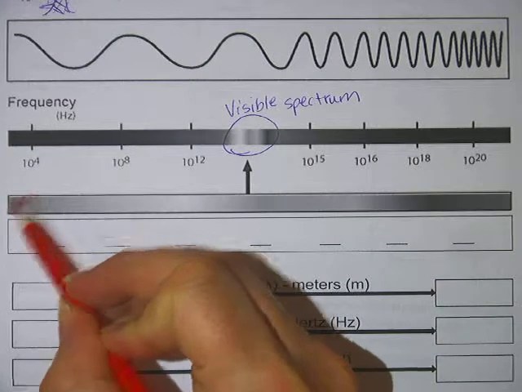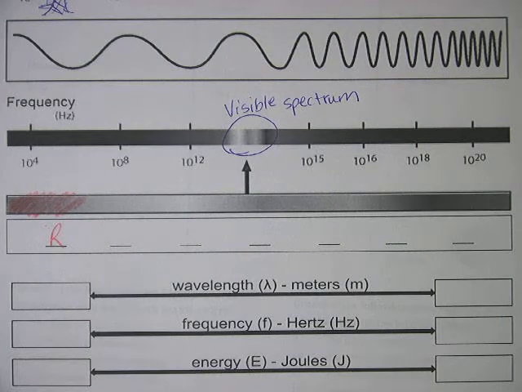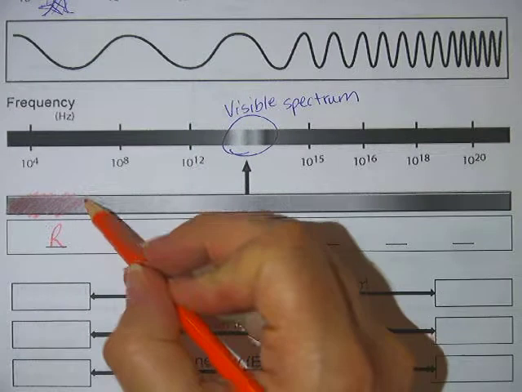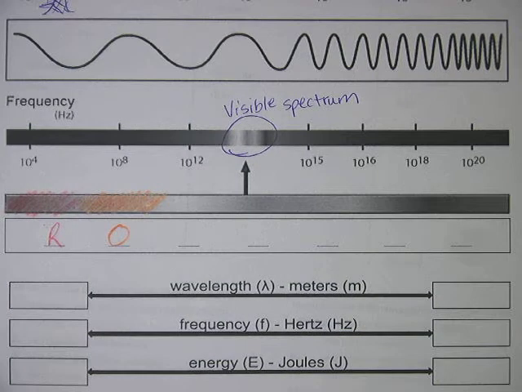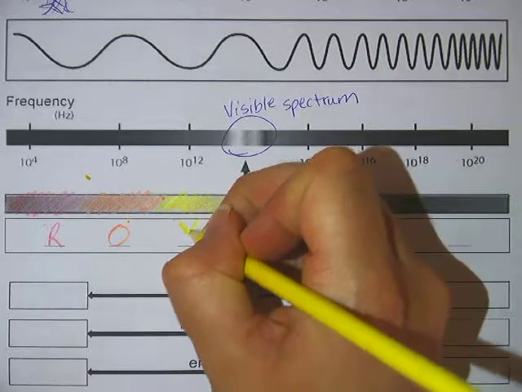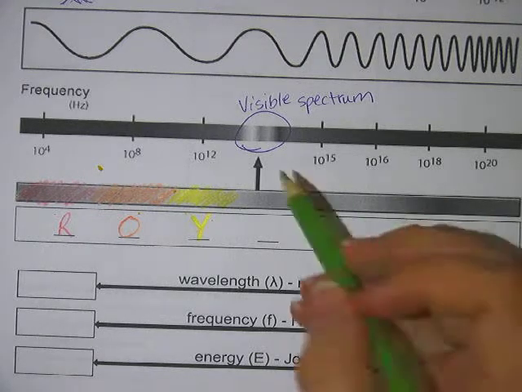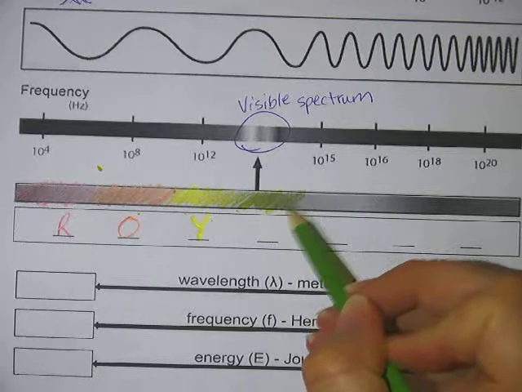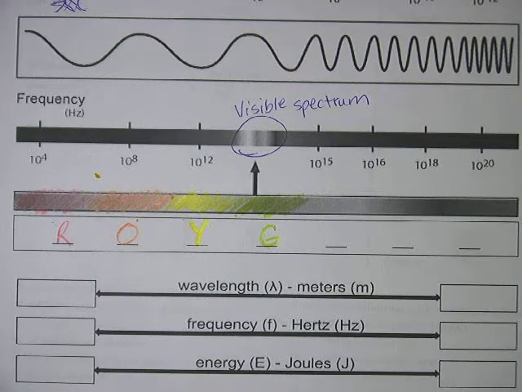It's red, then orange, then yellow, then green, then blue.